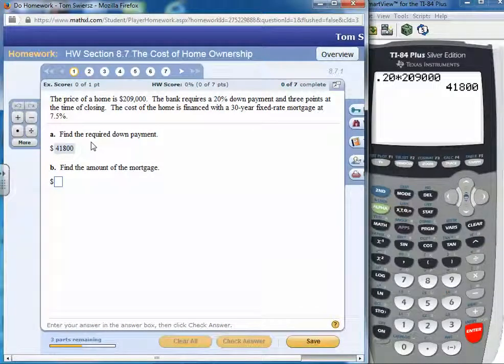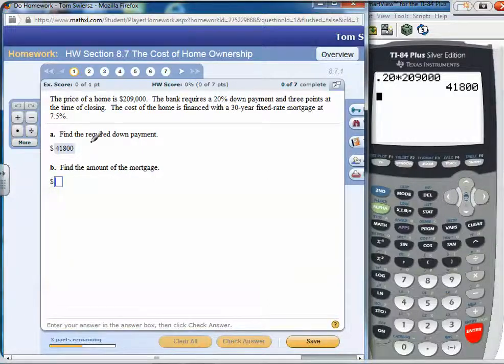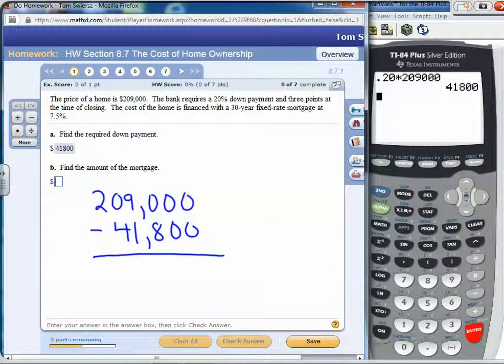The amount of the mortgage then is going to be the price minus the down payment you pay off right at the beginning. So it's going to be $209,000, the price of the home, minus your down payment, $41,800. The math's not too difficult.